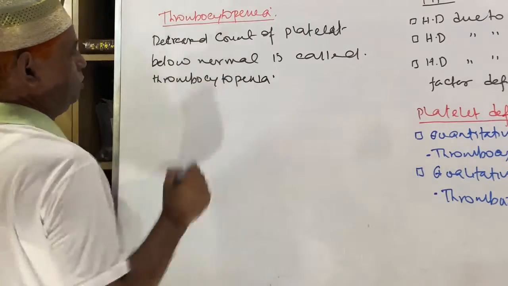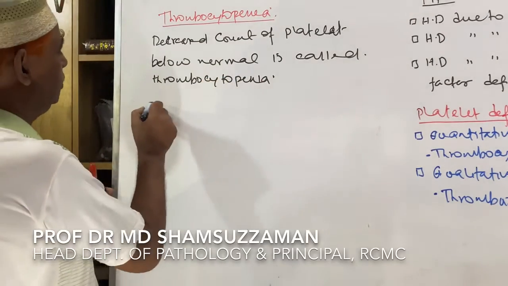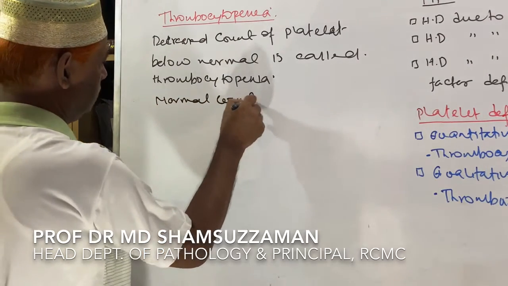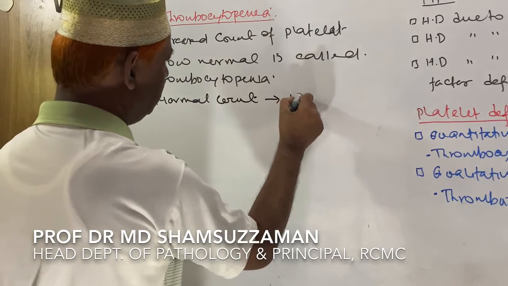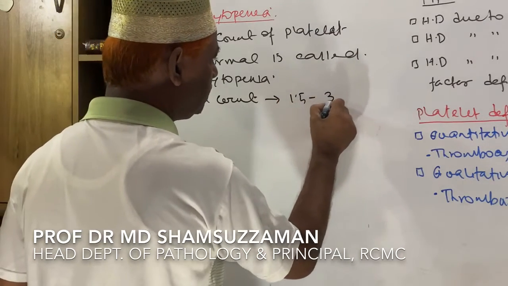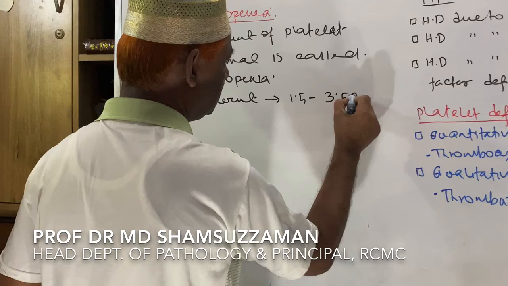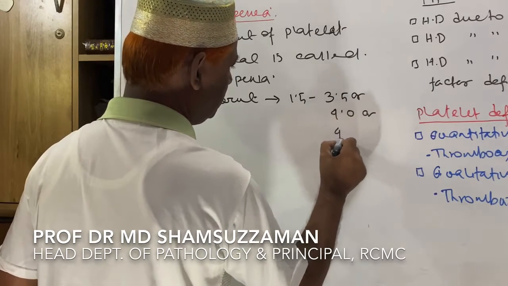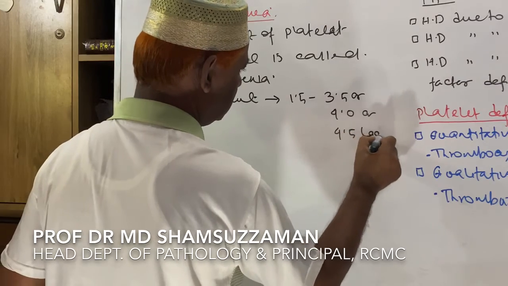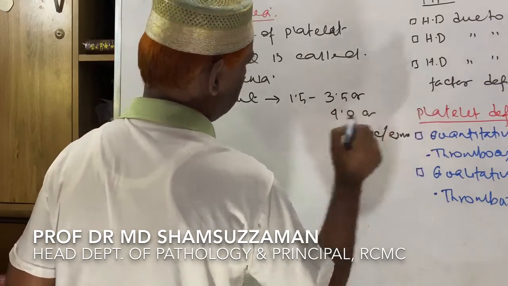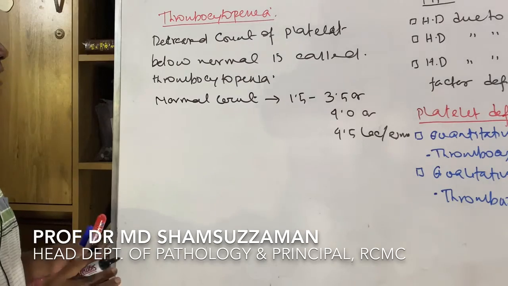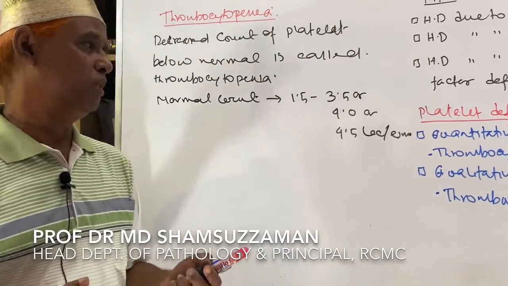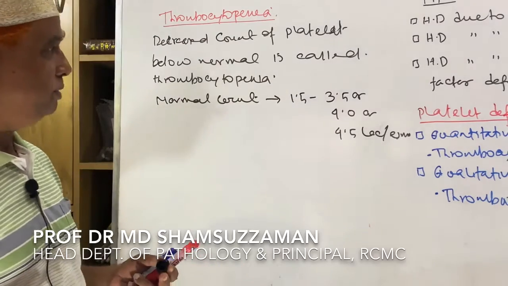Now the normal count of platelet is 1.5 lakh to 3.5 lakh, or 4 lakh or 4.5 lakh, per cubic millimeter of blood.